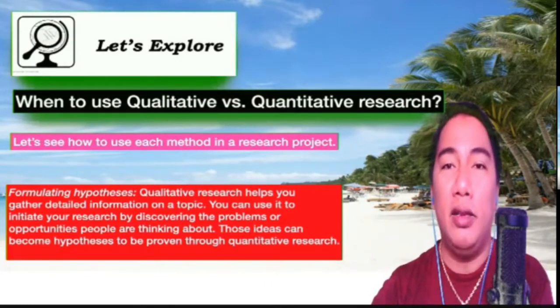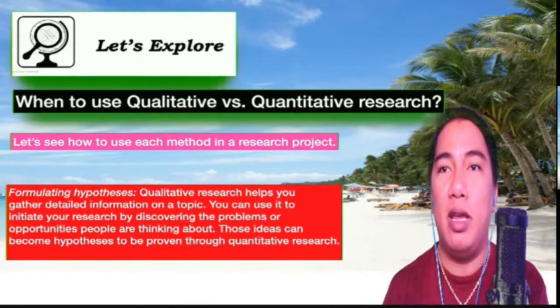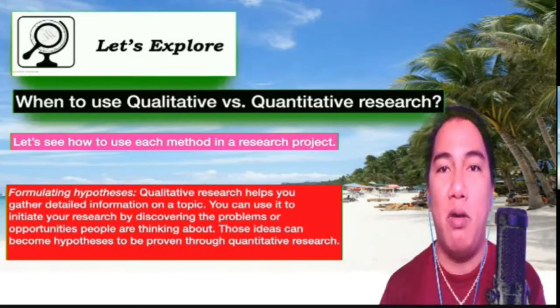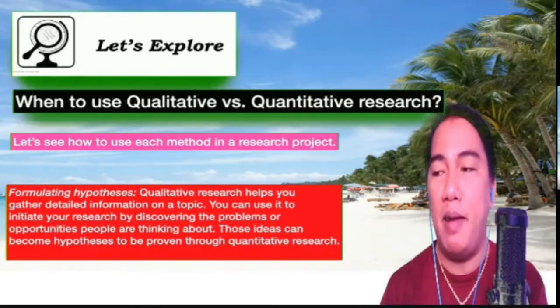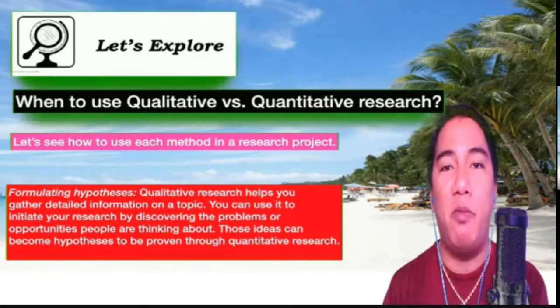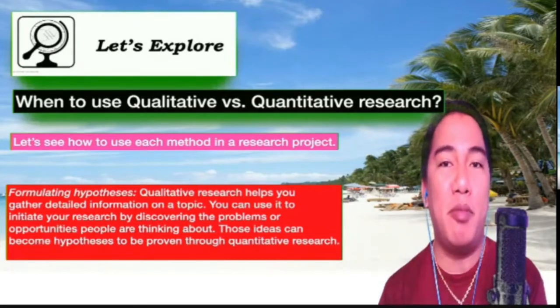Through interview, you were able to know the responses of those people to your topic or research problem. For this semester, you're going to formulate hypotheses on how to solve that problem.